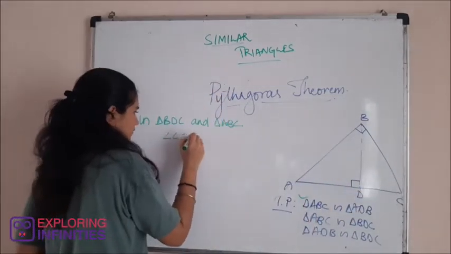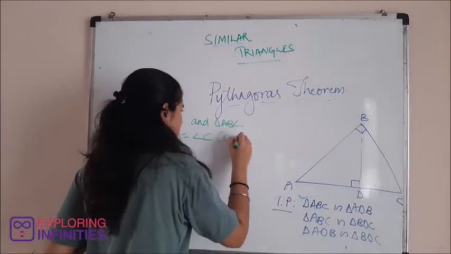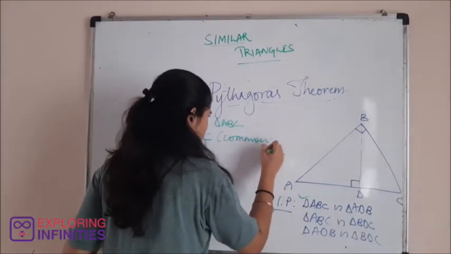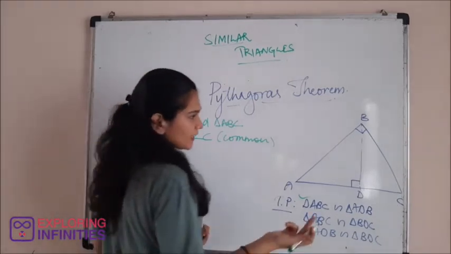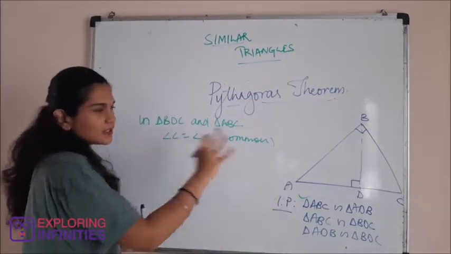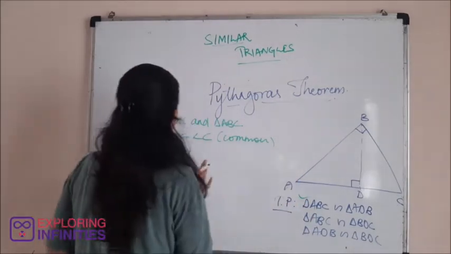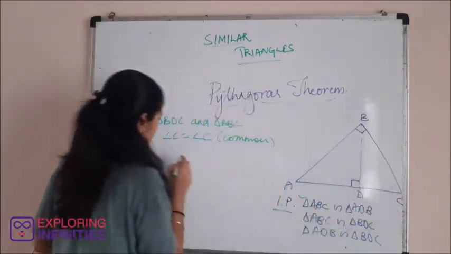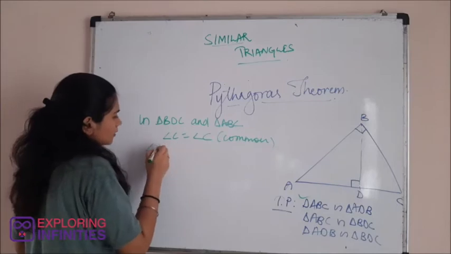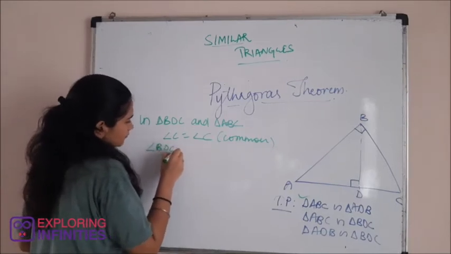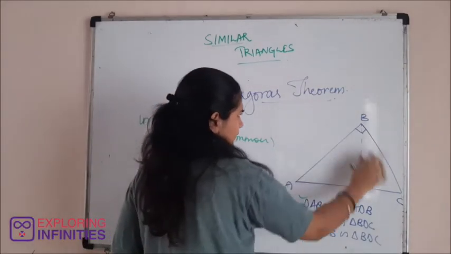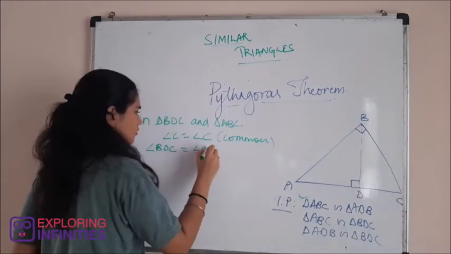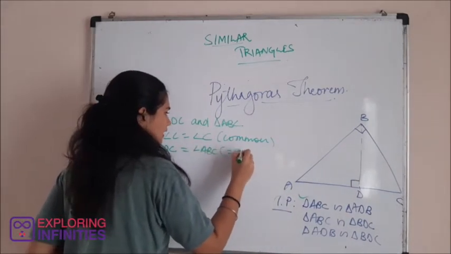So angle C equals angle C, which is common. Then you have two right angles, one right angle in each of the triangles. So here what are the right angles? Angle BDC is a right angle, equal to angle ABC, equals 90 degrees each.